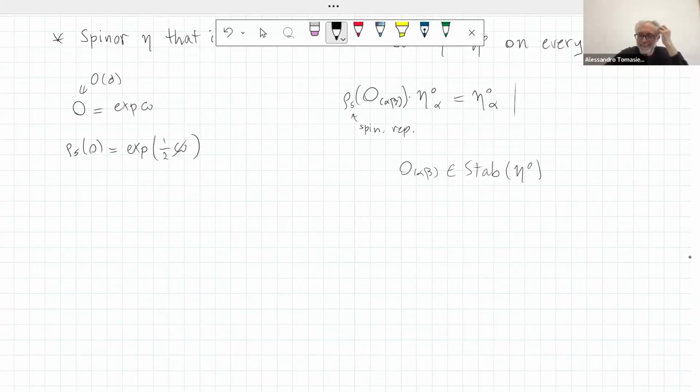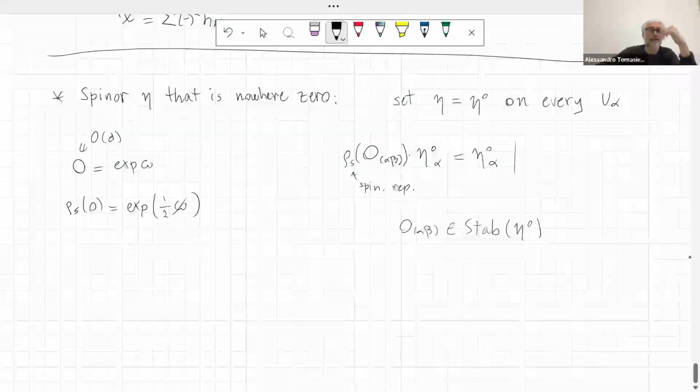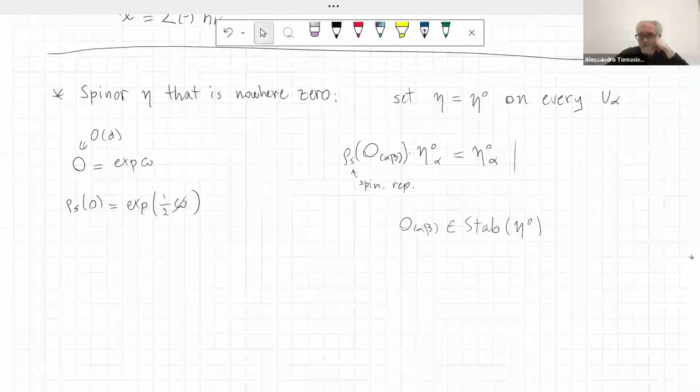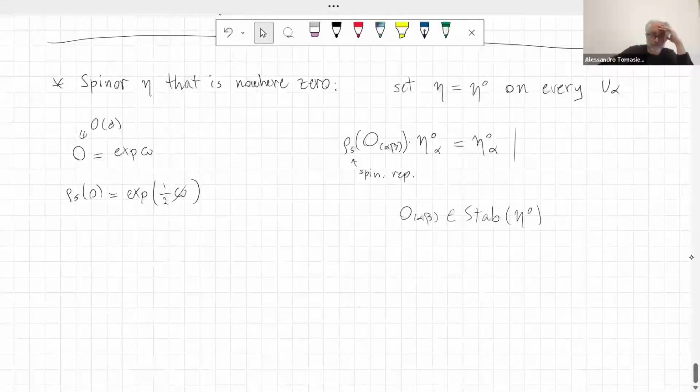So I haven't really said anything. What is this stabilizer? Well, let's see. We can actually do the computation in several cases. But the answer actually depends on which dimension we are in and on some other details, such as whether I take eta to be completely generic, or if it obeys some reality conditions, for example.